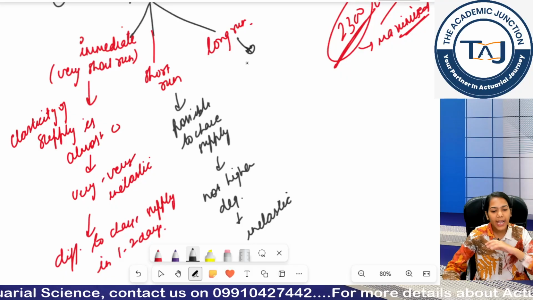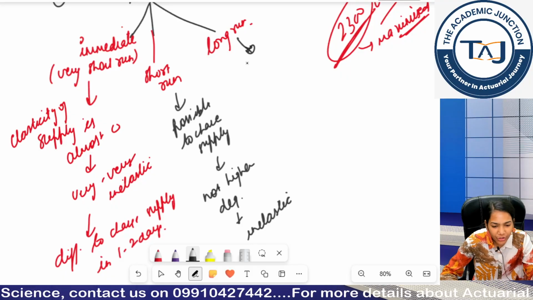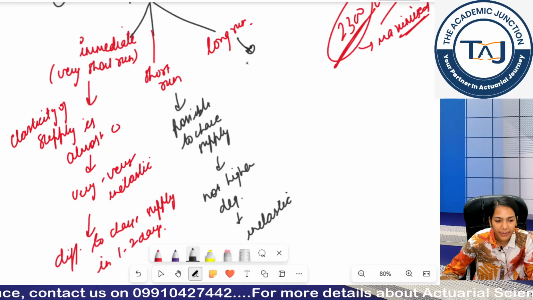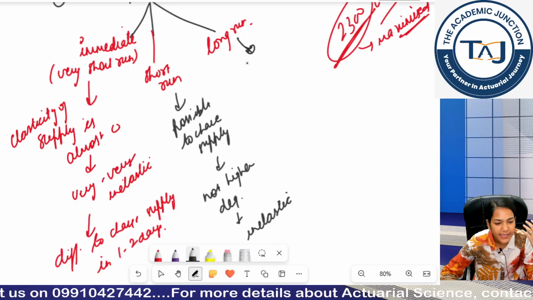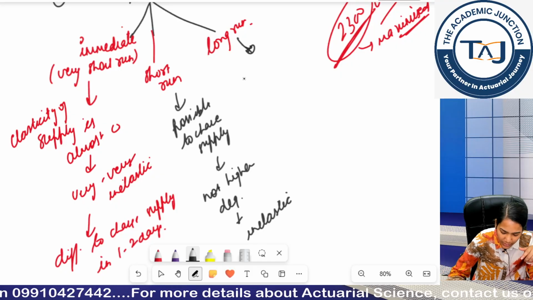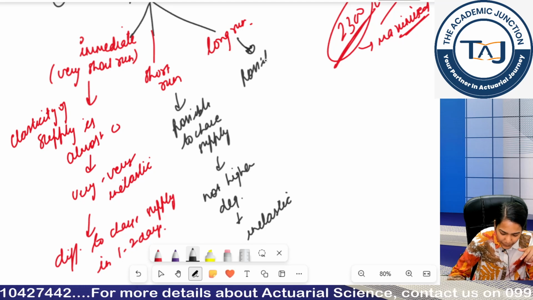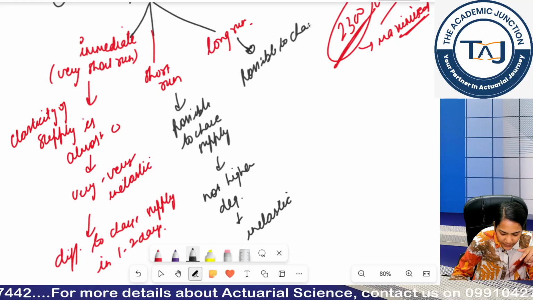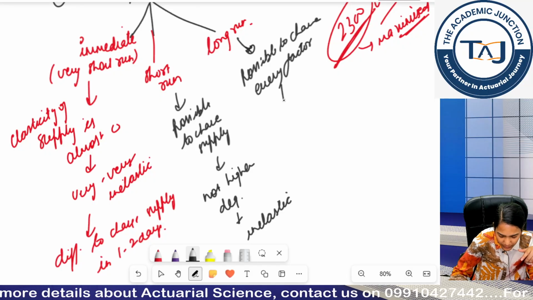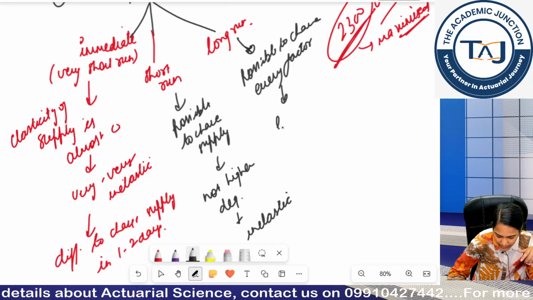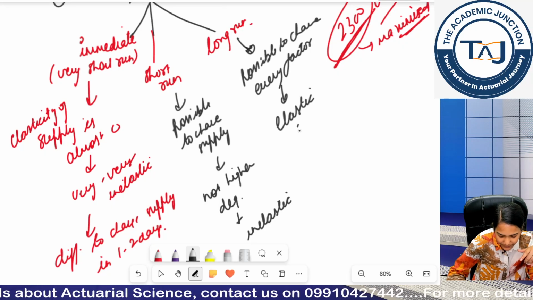But in the long run I can change every factor of production. I can buy additional land, I can buy machinery, I can hire additional workers, I can easily buy raw materials. So it is possible to change every factor, thus supply is elastic.